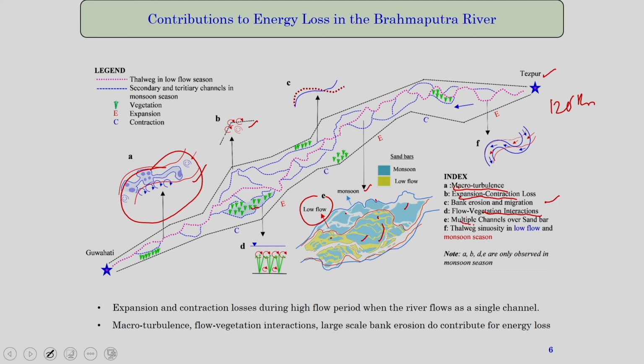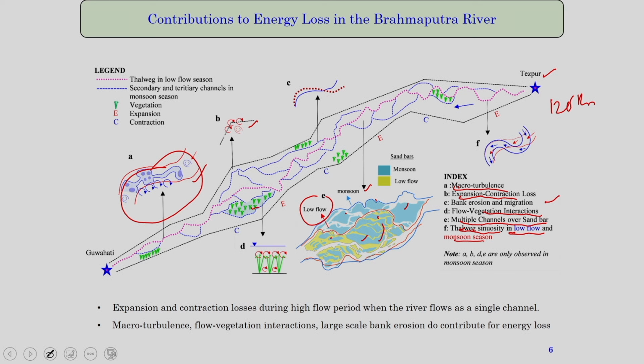There are multiple channels over the sandbars, and there is a thalweg line. The thalweg line is the deepest point of the channel, and it also has variabilities during the monsoon flow and the low flow.